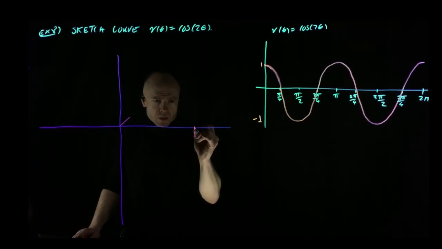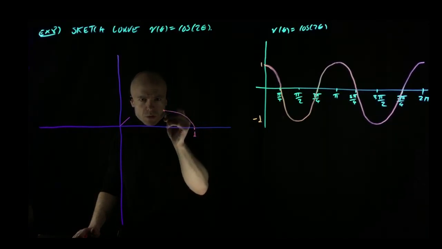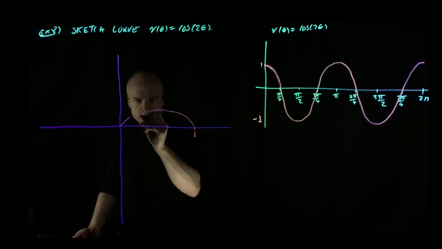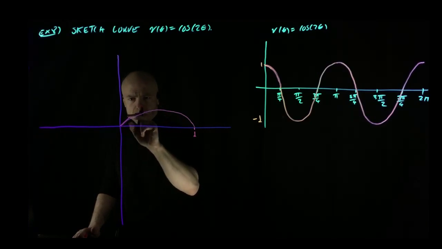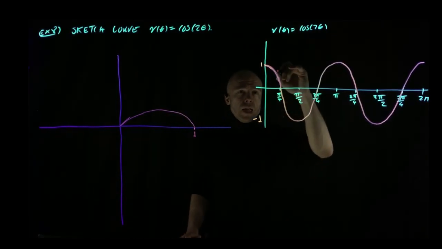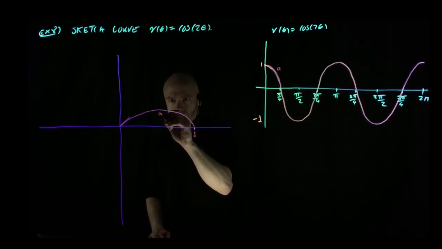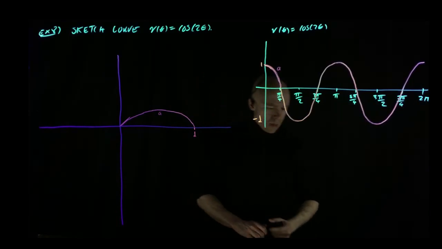So it goes from 1, and then smaller and smaller radius. And then like this, and then like this, and then we're going to hit like this, right? This will be the first part. Let's label this, say, A. So this is A.